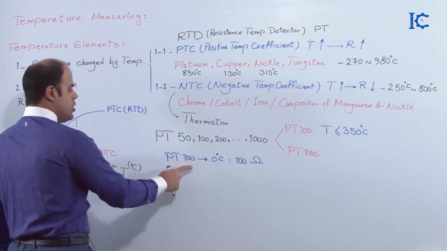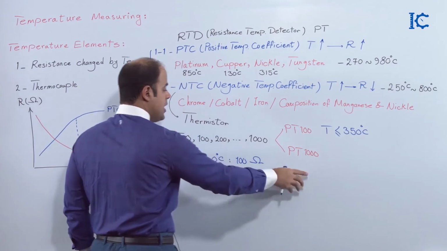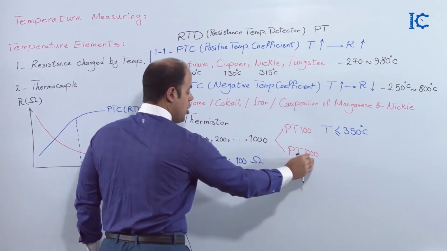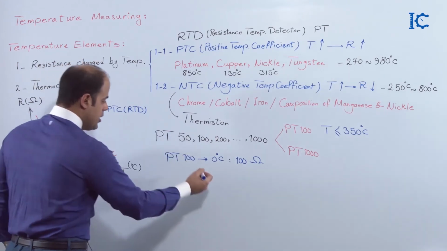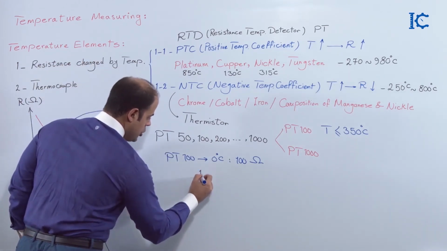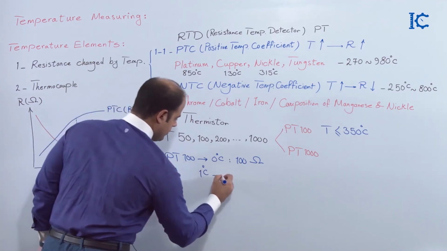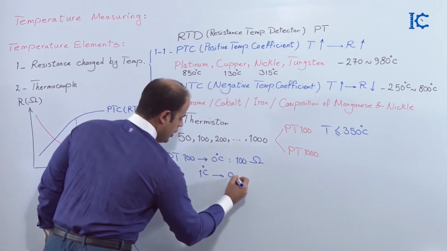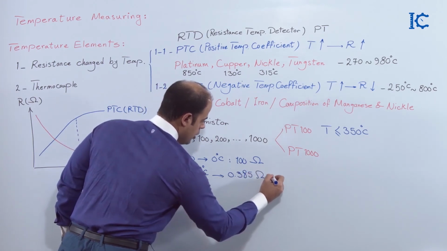It means that for 0 degrees centigrade, for this element, we expect to have 100 ohm. And here, for each degree centigrade change, 0.385 ohm would be changed.